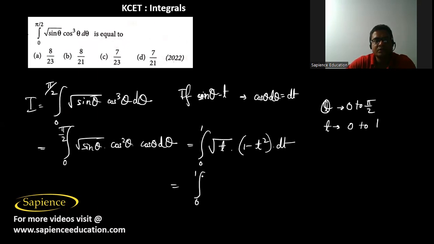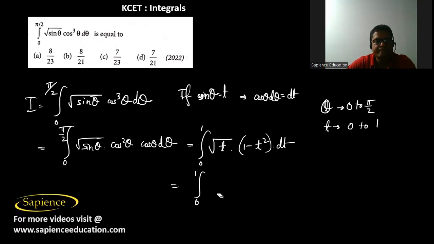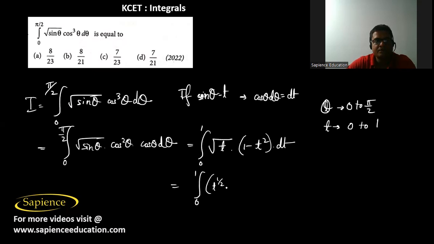So this will be integral 0 to 1 of t power half minus t power 5 by 2 dt.